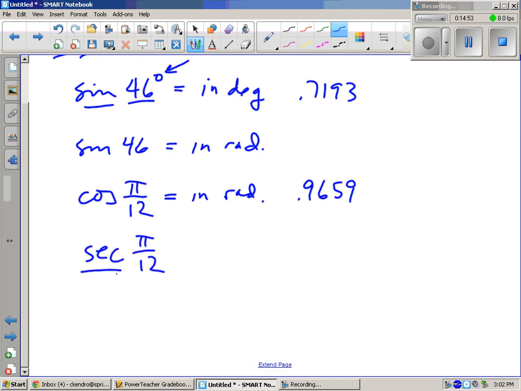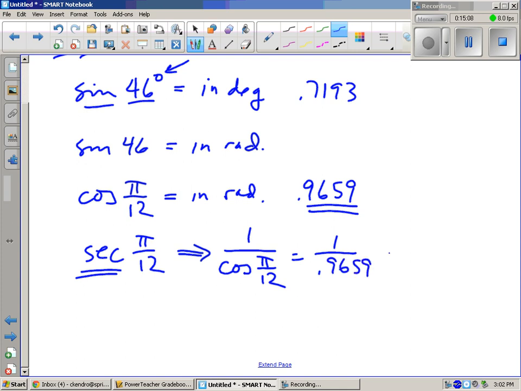I don't have that button, but I know that secant is equal to 1 over the cosine of pi over 12. So since I already know this, I could just say 1 over 0.9659, and you should get 1.035. Because you don't have this button, you're going to have to do the reciprocal of the button you do have.